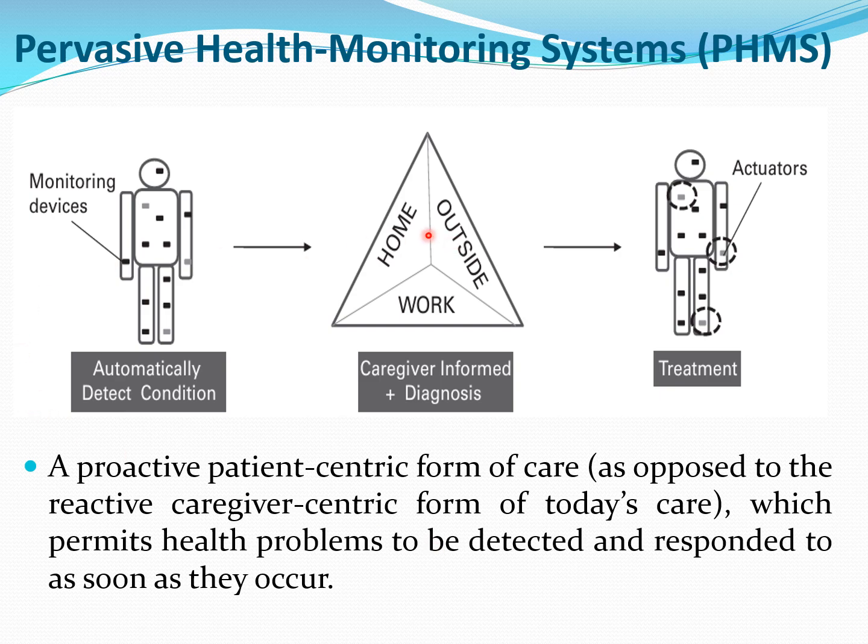Now, this diagram talks about the concept of pervasive health monitoring system. When we look at this diagram, this model shows that on a human body, there are a number of monitoring devices. These monitoring devices are sensors.